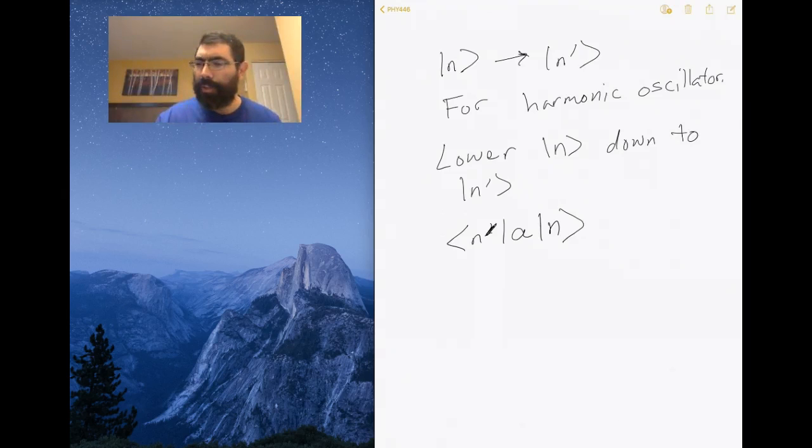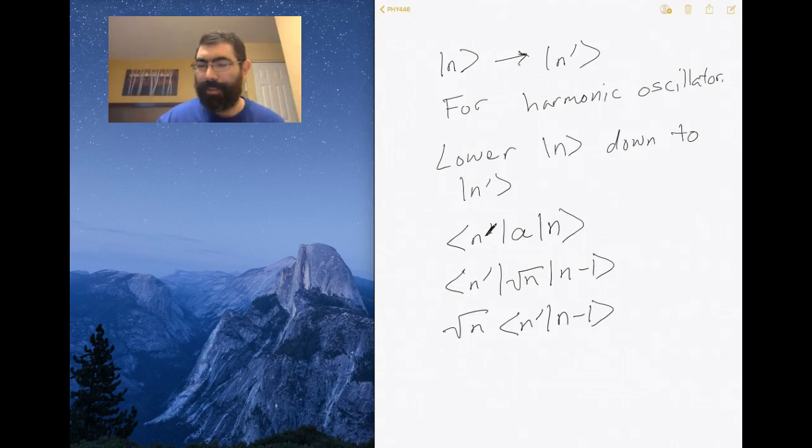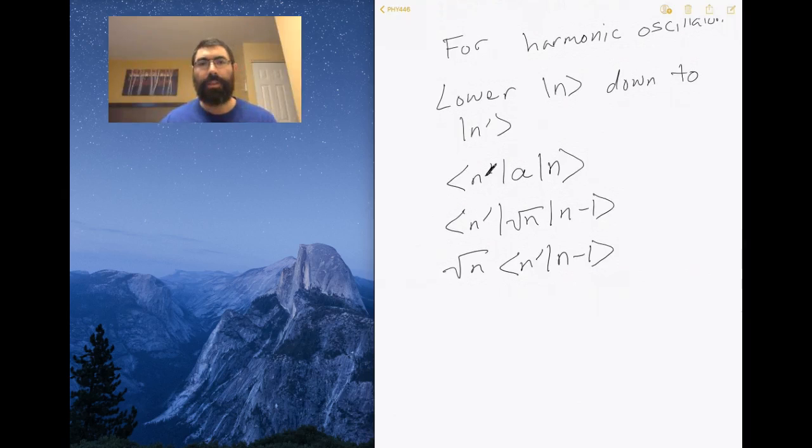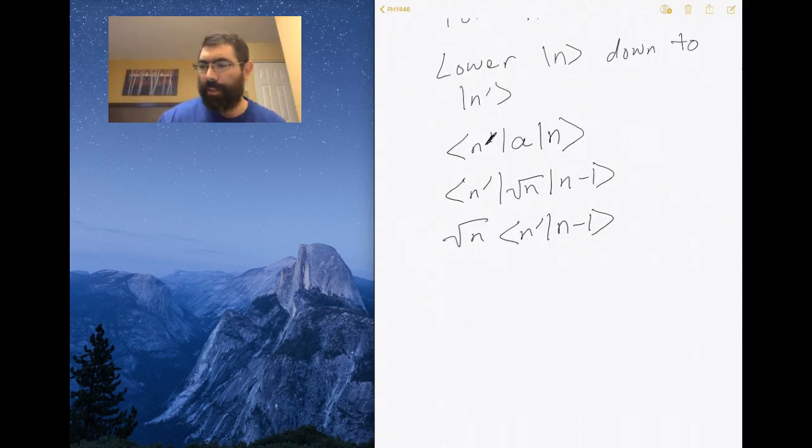So, let's work this out. If I lower n, that means I have a factor of the square root of n, and I now have a state n minus 1. I can take the square root of n out front, and now I have the product of n prime with the state n minus 1. Since these states in the harmonic oscillator are orthogonal to each other, this is only going to be 1 if n prime and n minus 1 are the same thing.